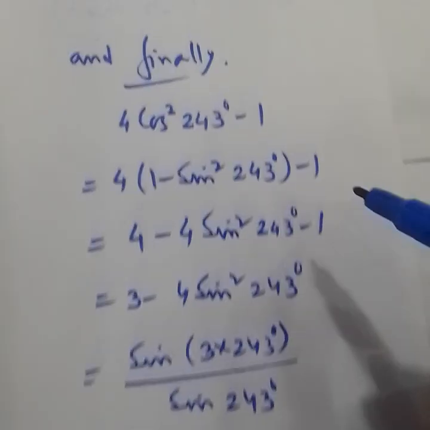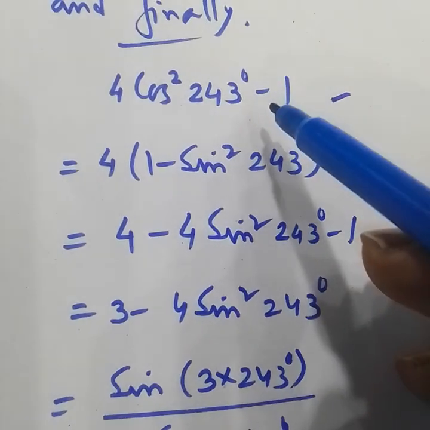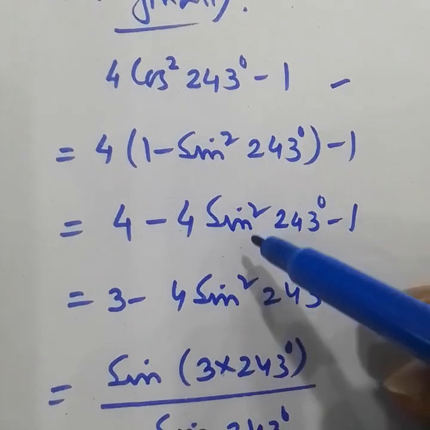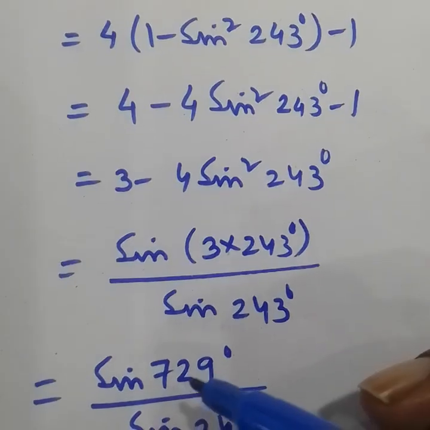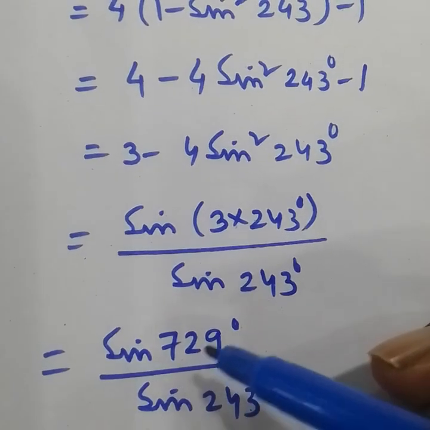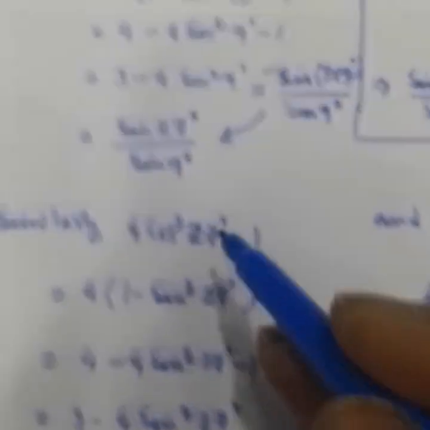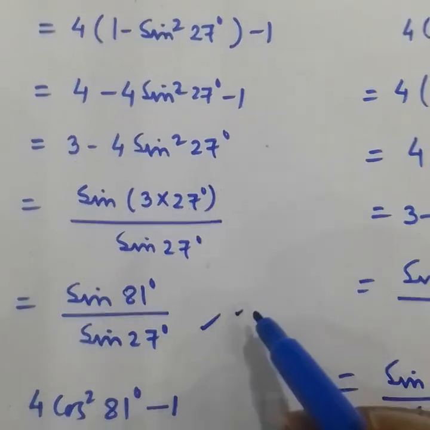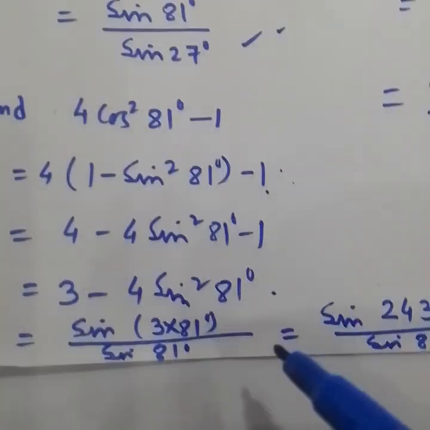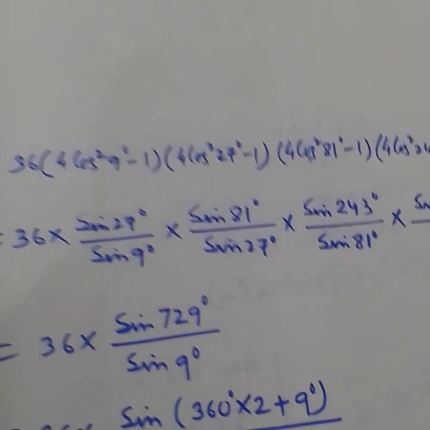And finally, for the expression 4 cos square 243 degree minus 1, following this step, we get the value sin 729 degree by sin 243 degree. So we get all four of them.